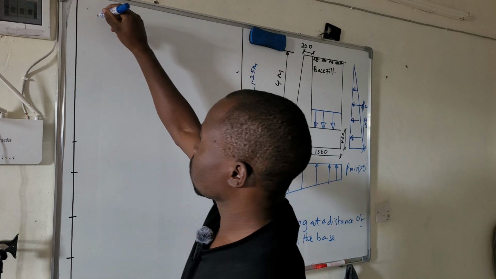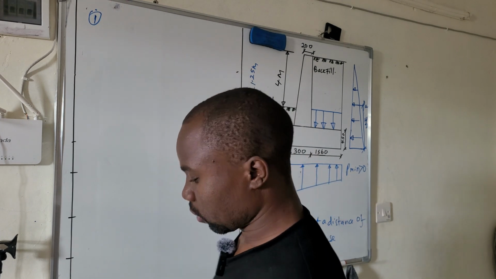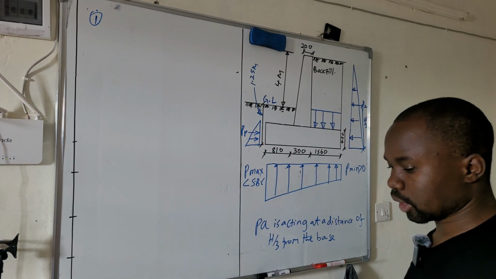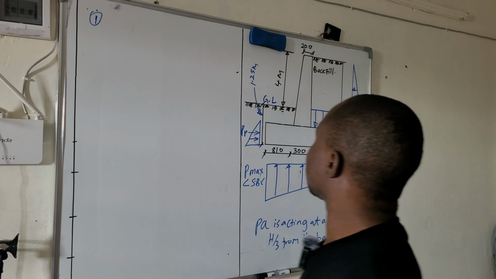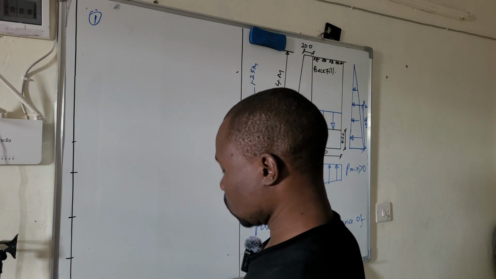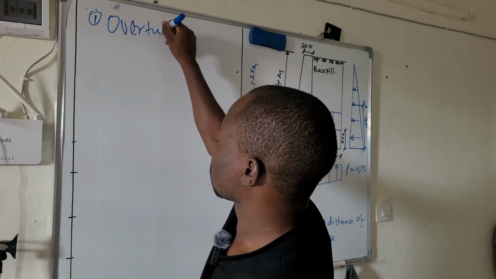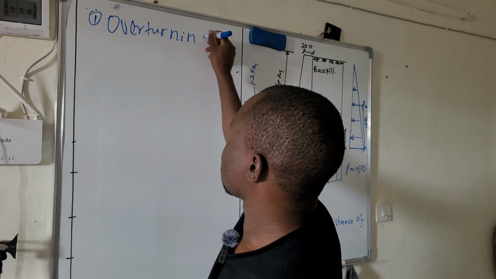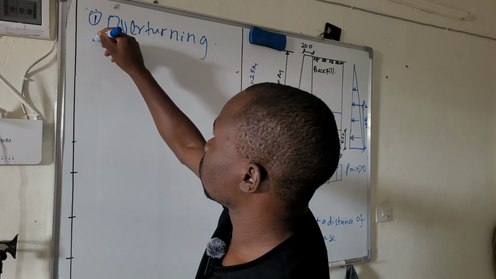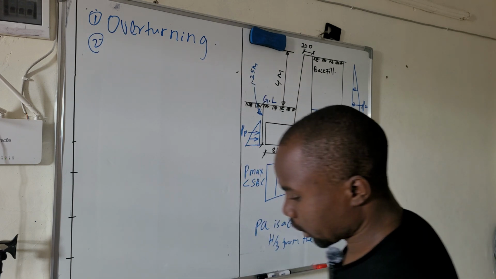Number one, we have the overturning of the retaining wall. Number two, we have the sliding.